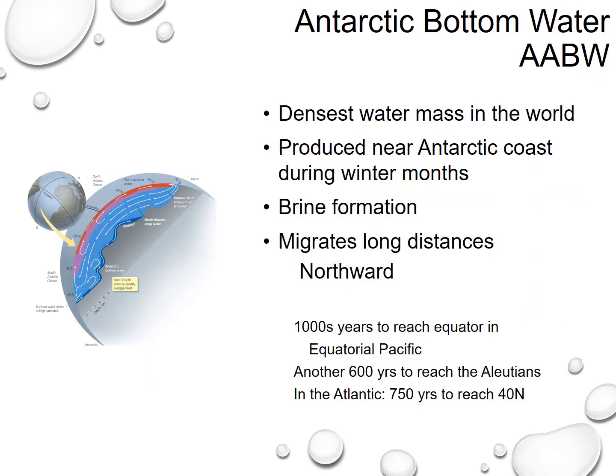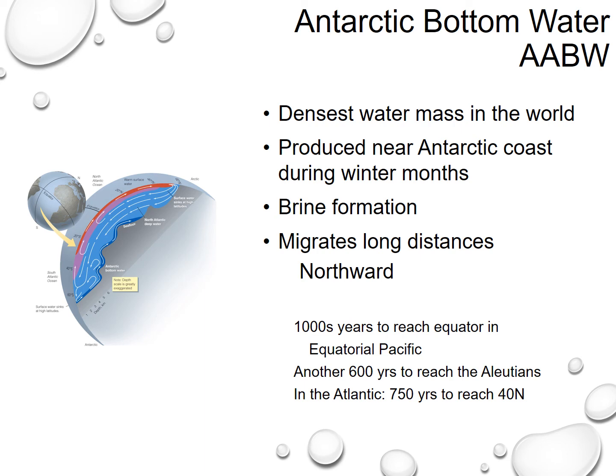So Antarctic bottom water is the densest water mass in the world. It is produced near the Antarctic coast during the winter months through brine formation. And it migrates long distances northward. It migrates into the Atlantic Ocean, into the Indian Ocean and Pacific Ocean. It takes about 1,000 years to reach the equator in the equatorial Pacific, and another several hundred years to reach the Aleutians.